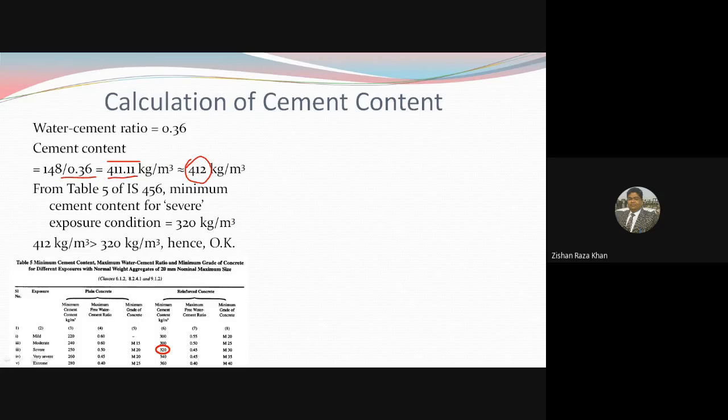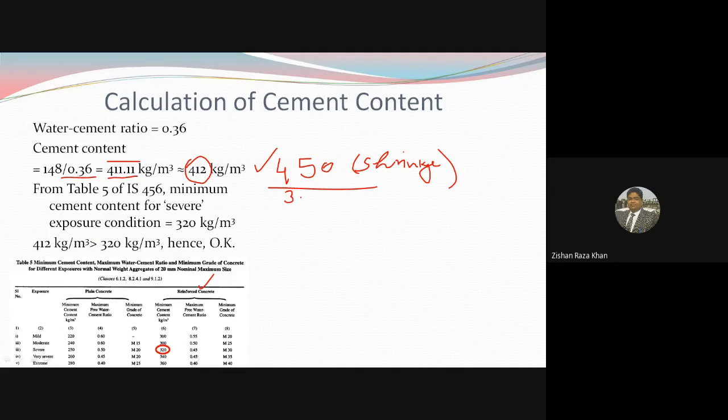Now 412 kg cement should be checked under two criteria. First criteria is it should not be more than 450 kg. Okay, so it is okay. It is less than 450 kg for shrinkage criteria. And it should not be less than this value, 320 kg for severe condition and for reinforced concrete.